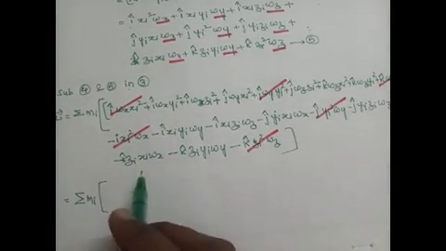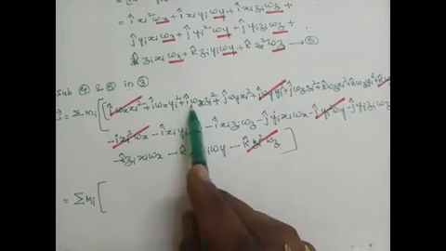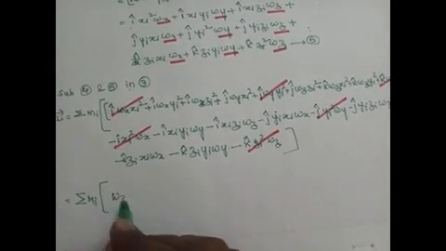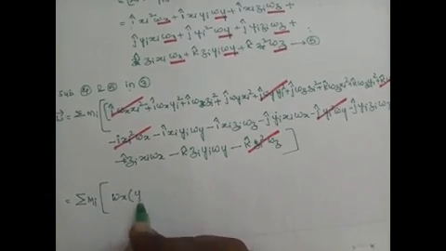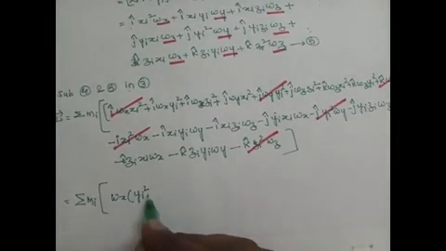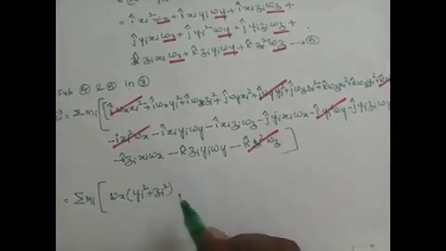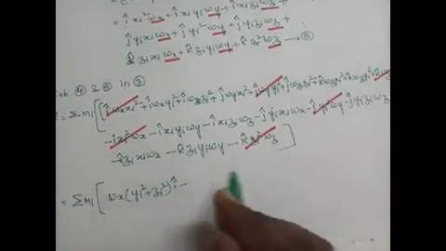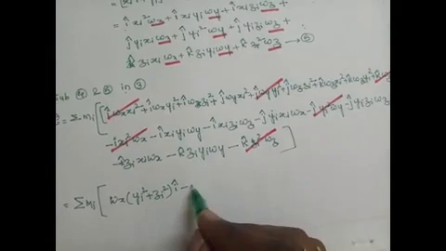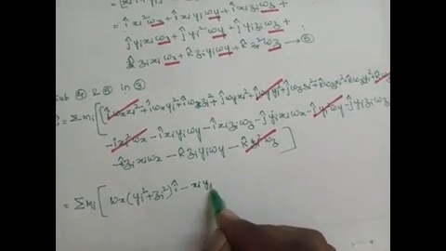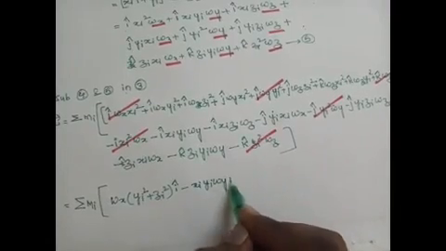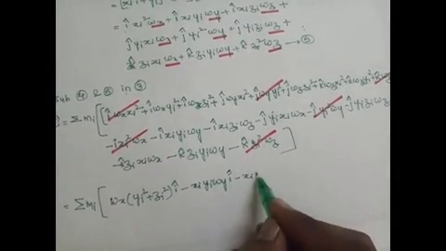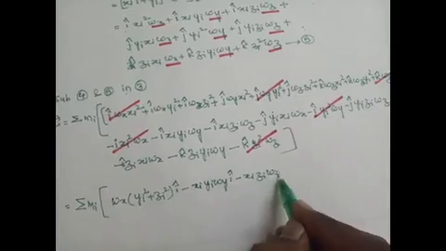Here is I cap. So anyway, take I cap common. Here omega x common, yi square plus zi square, and I cap minus, and here we have the term xi yi omega y I cap, and minus xi zi omega z.